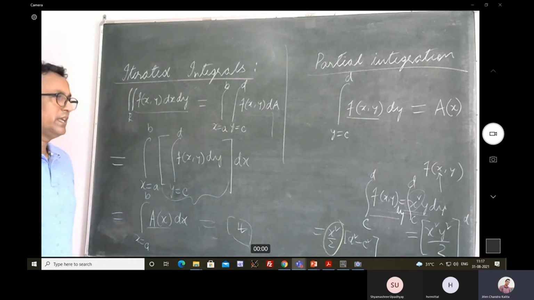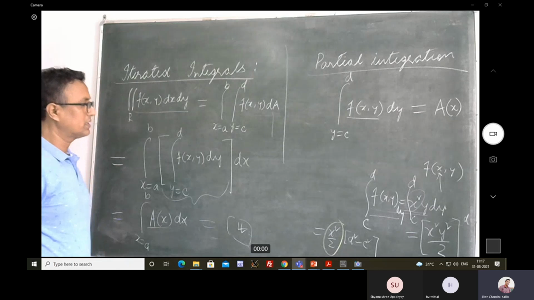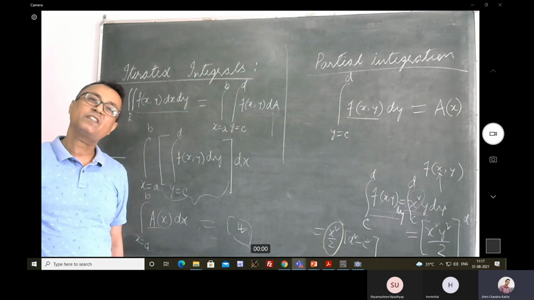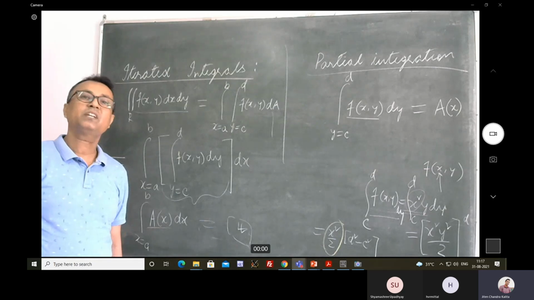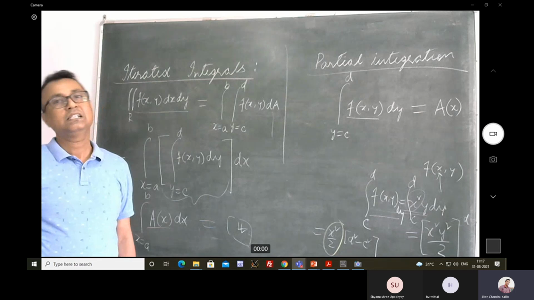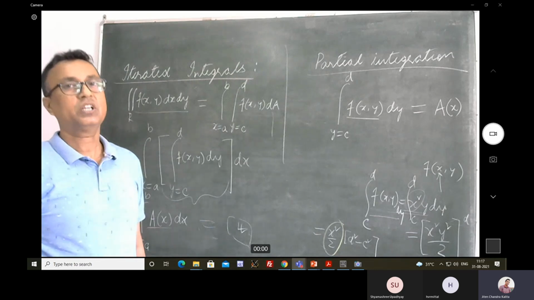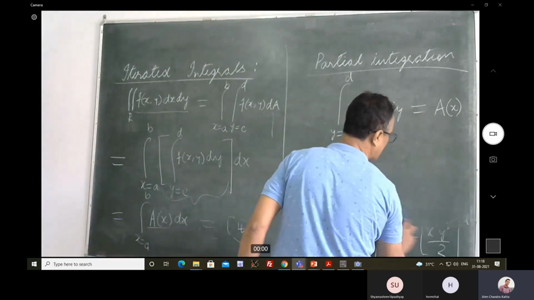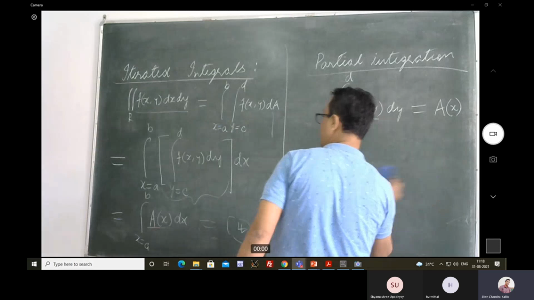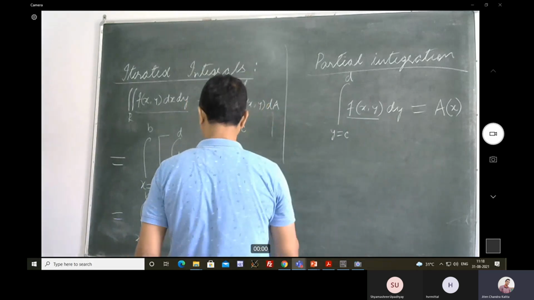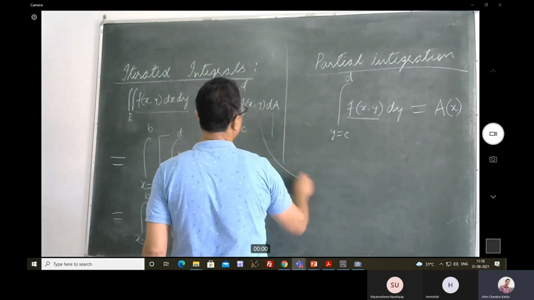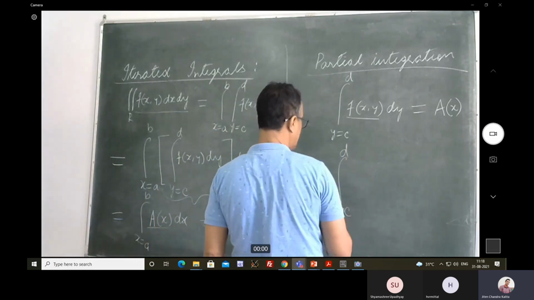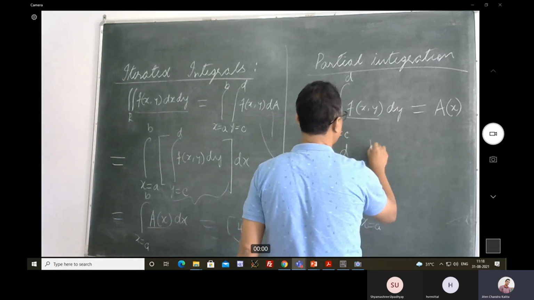Okay. So now, why is it called an iterated integral? Because here we have kept x fixed and then integrated partially with respect to y. Now the same thing can be done by keeping y fixed and integrating the integrand partially with respect to x. And there is a theorem called Fubini's theorem, which tells you that I can write this integral as y equal to c to d, and then x equal to a to b.